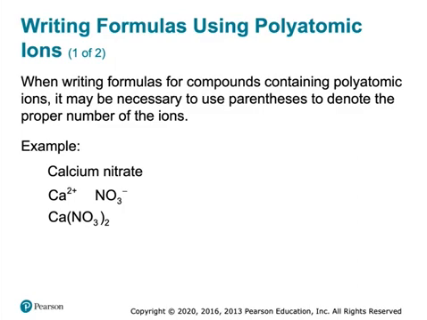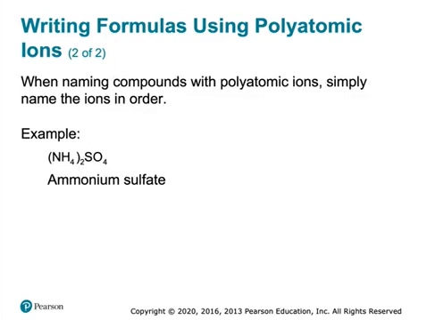So calcium nitrate has 1 calcium atom, 2 nitrogens, and 6 oxygens. I'm getting the numbers by taking 2 times those numbers. Nitrogen is not listed as 1, so two nitrate groups means 2 nitrogens, and each nitrate has 3 oxygens, so 3 times 2 is 6, if you're wondering how I'm getting those numbers.